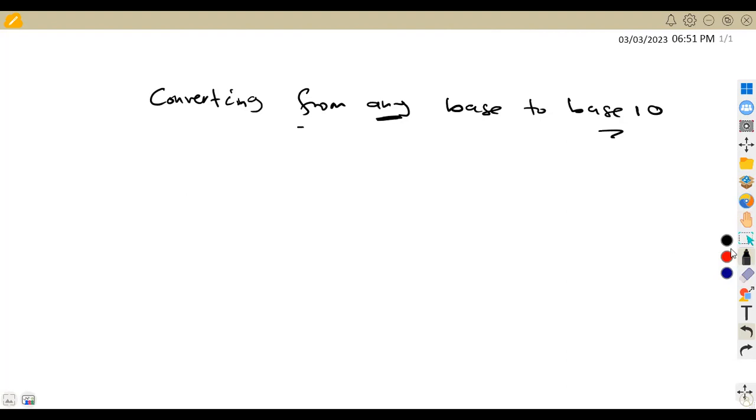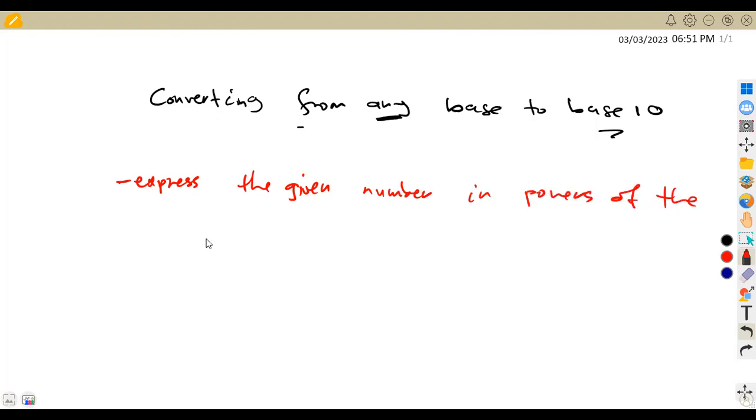All right, so the idea is that you are going to express the given number in powers of the given base and simplify further. So this is what you are going to do in this case.